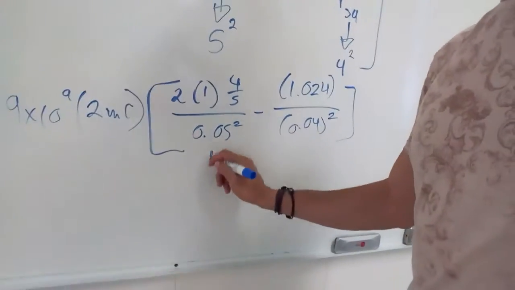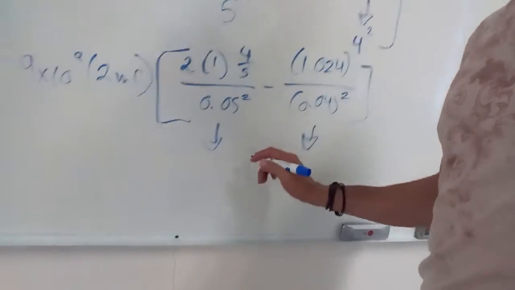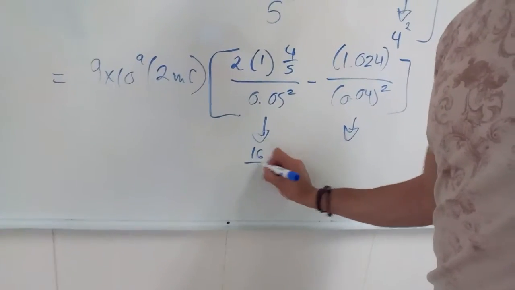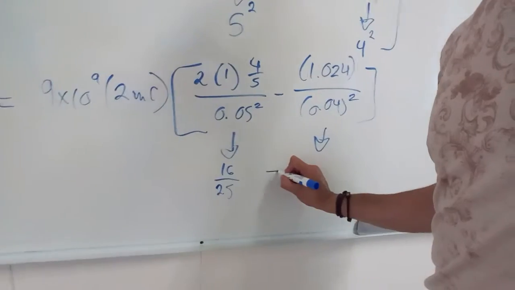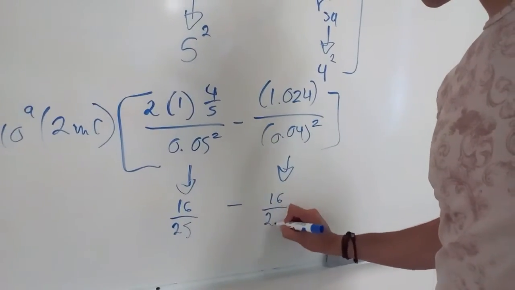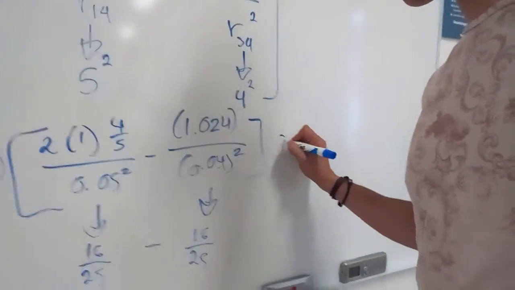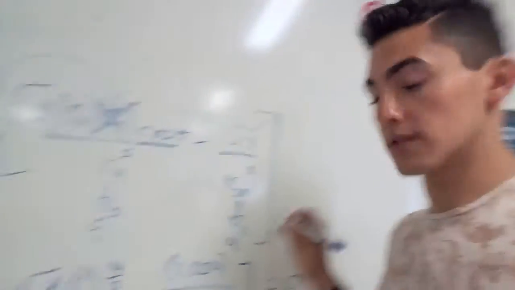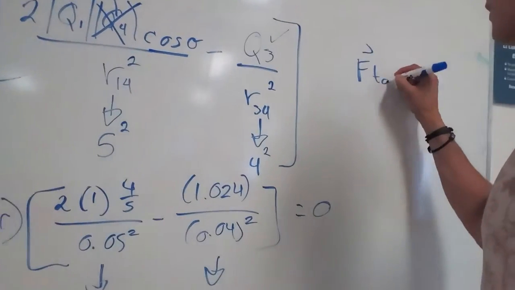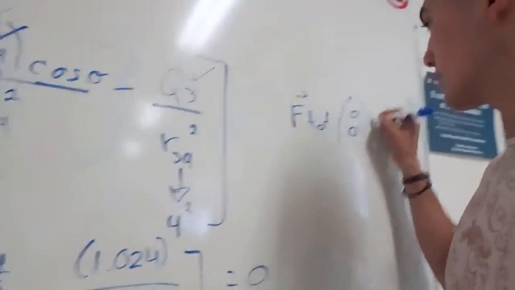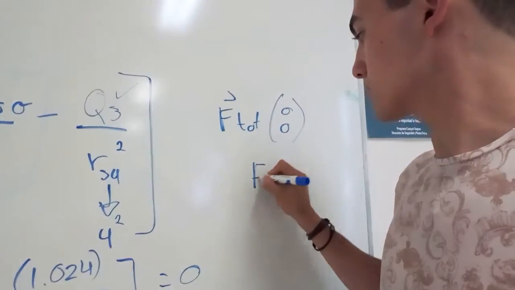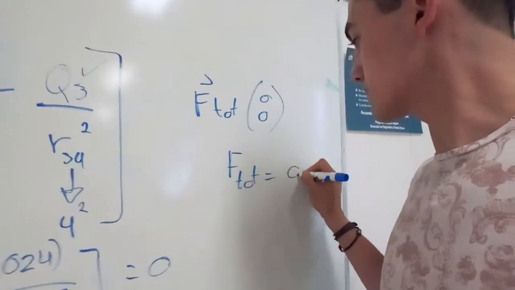And if we consider the values of these two parts, this will be 16 over 25 minus 16 over 25, that is equal to 0. So the total force is 0 in x and 0 in y, so the total force is equal to 0.